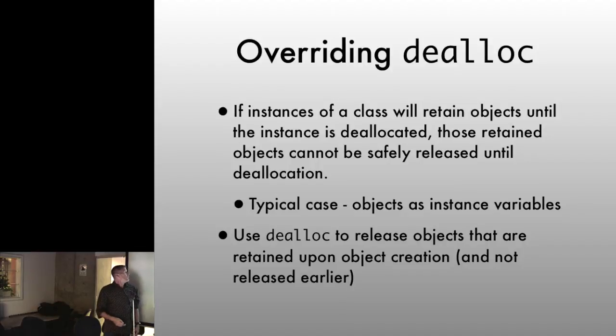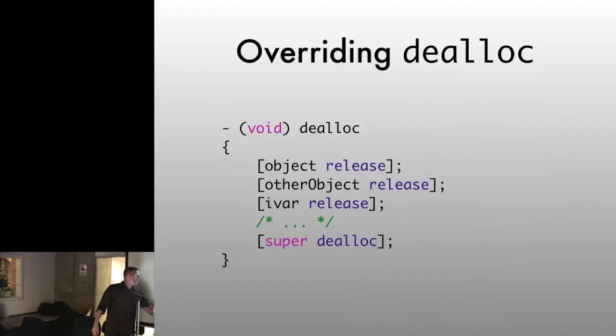So most of the time, unless you have a very trivial class, a lot of times you'll see that you'll be overriding dealloc because you need to release all of the attached objects in your instance variables. So here's the pattern: release your objects first, then call your superclass's dealloc.